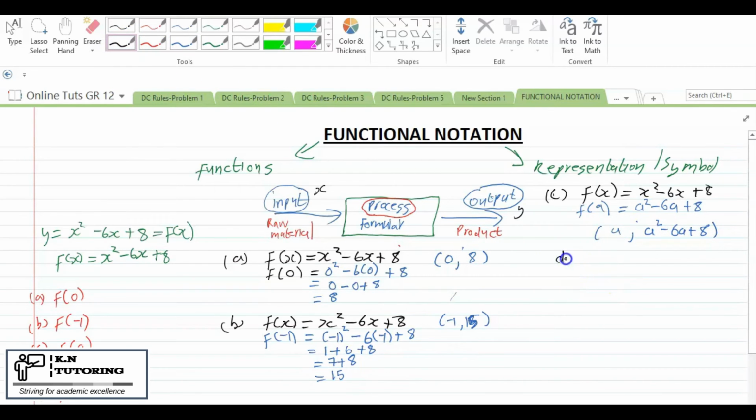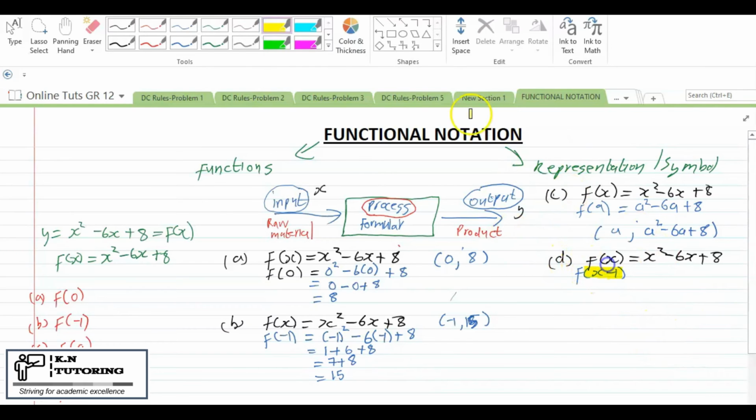D, I'm given that f of x is equal to x squared minus 6x plus 8. Now I have to determine f of x minus 1. This, grade 12, is what we call a package.